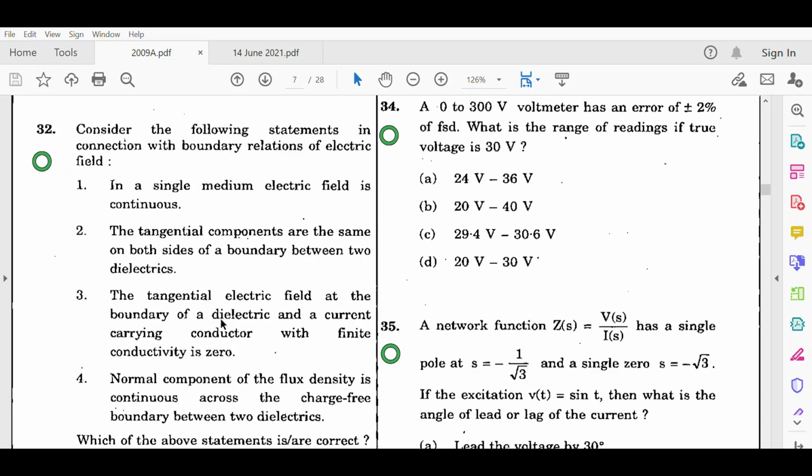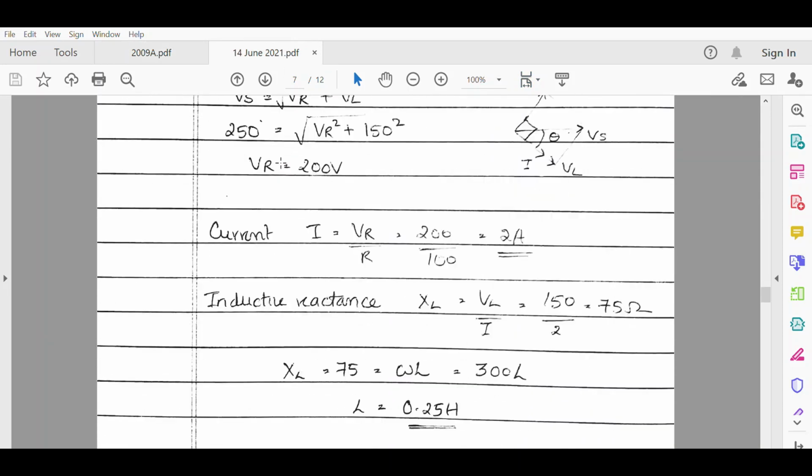The third statement is tangential electric field at the boundary of a dielectric and a current carrying conductor with finite conductivity is 0. And the fourth statement is normal component of the flux density is continuous across charge-free boundary between two dielectrics. Which of the above statements are correct? This is a question from the electromagnetic theory topic. Let us solve this.